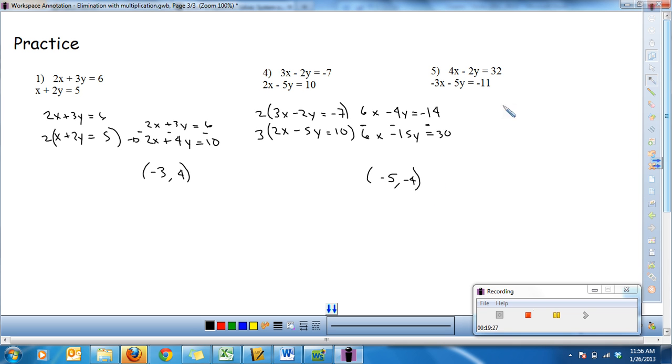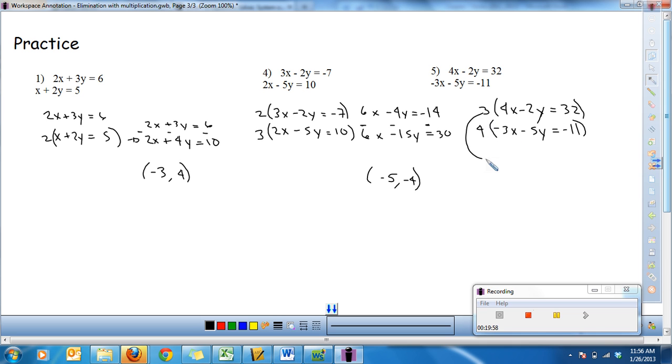And then on this last one, I'm going to rewrite them, you would have had 4x minus 2y equals 32, and a -3x minus 5y equals -11. You would have had to multiply both equations. You could have either changed these to be the same or these. I'll just pretend like you changed your x's. The common multiple these two have is 12. So I would have multiplied this by 3 and this by 4.